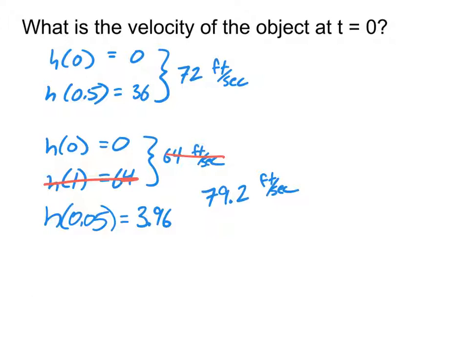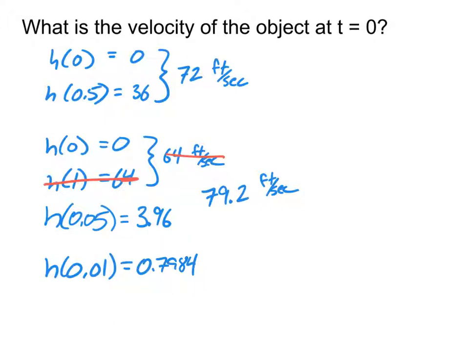0.01. Yeah, we could try an even closer number, right? Like I just heard h of 0.01. Okay, let's try that one. What would that give us for our slope? All right, so for that one, when I plug 0.01 in on the Desmos, I find that we're now at a height of 0.7984 feet.